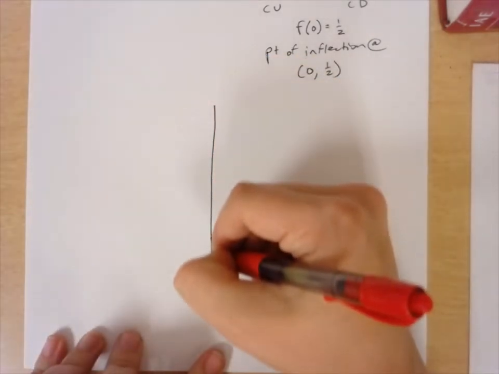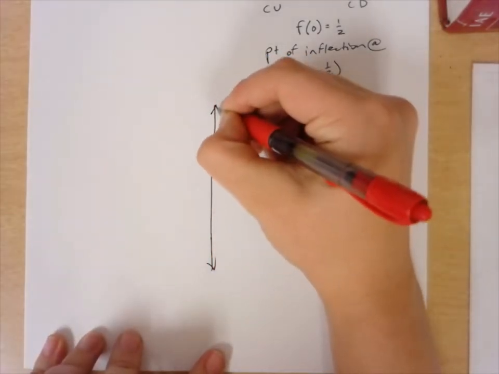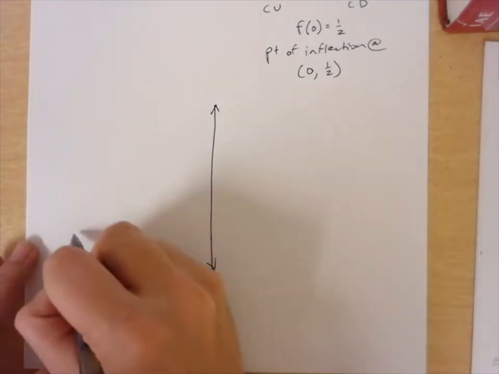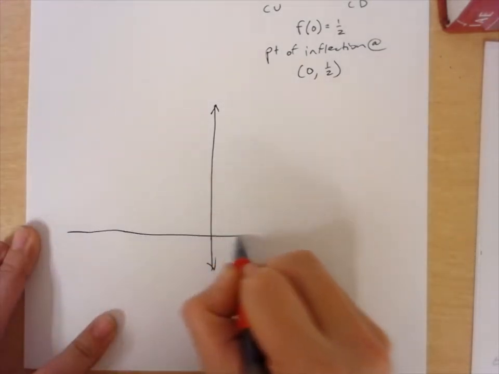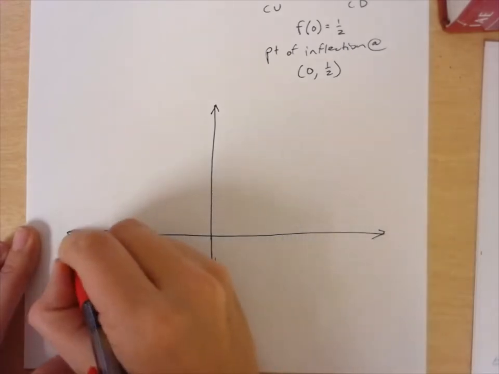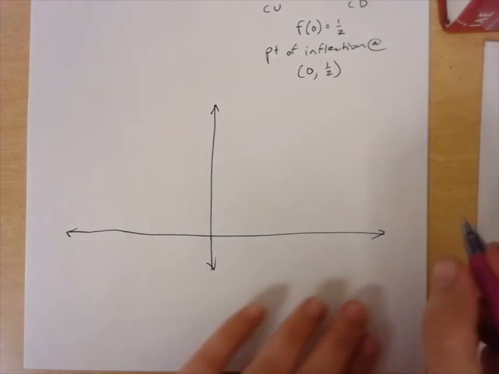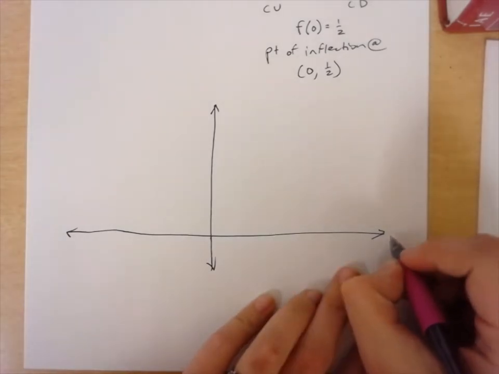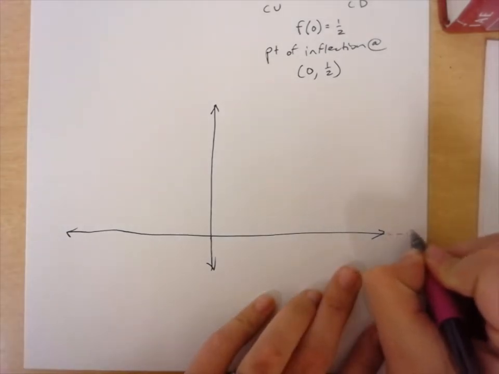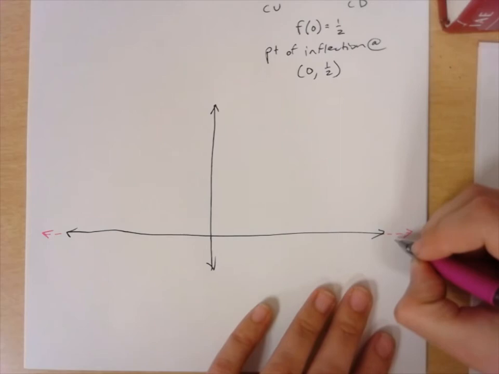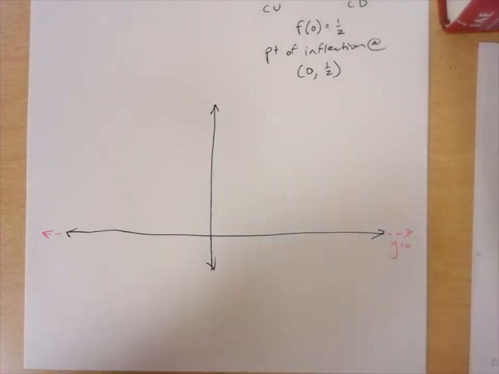All right, let's sketch this thing, and I'll leave you alone. We've got a shorter y-axis because we don't have a whole lot going on. We have two horizontal asymptotes. Remember, we have one at y equals 0. So it's going to be important for us to show, extend out in a different color or something to remind yourself that, yeah, this is the x-axis, but it's also our horizontal asymptote, y equals 0.